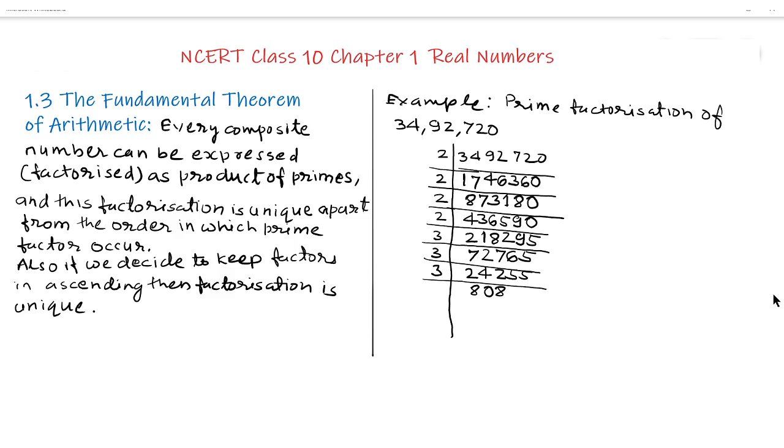Balance is 1, and 3 times 5 is 15. So it divides and we get 8085.